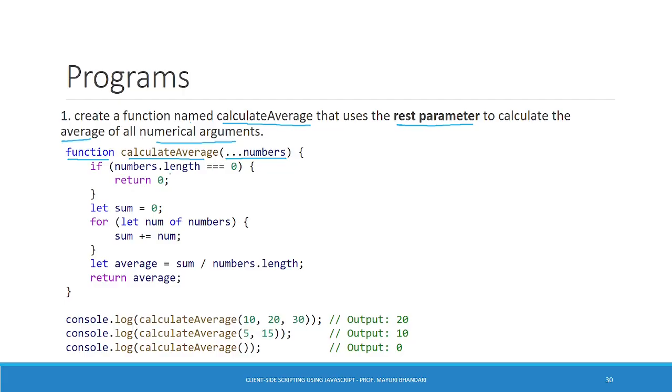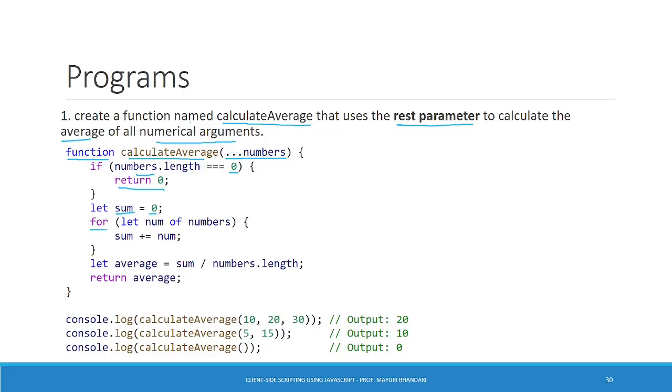Inside the function, check if no parameter is specified, that means if numbers.length equal to 0, then return 0 as average. Otherwise, initialize one variable sum with 0. We can iterate over rest parameter using for loop.